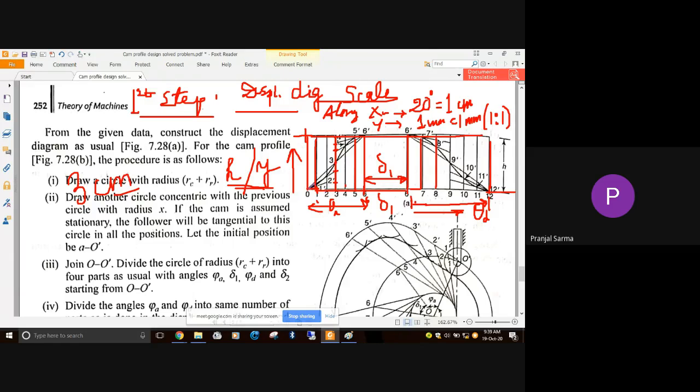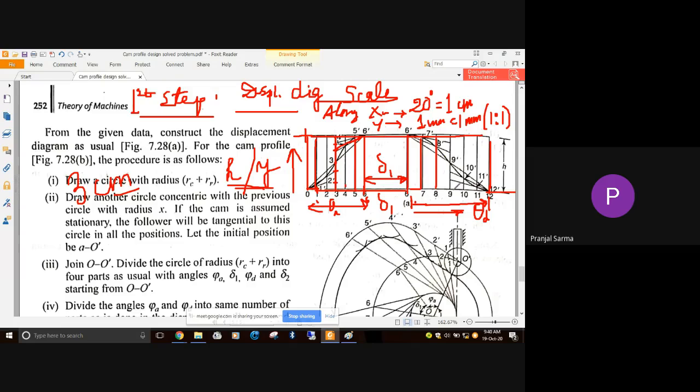After that, for the ascent, uniform acceleration, and next is uniform retardation, you'll join these points from the origin. This one, next this one, next this one. From this side it will just be the diagonal. Next this line, next this line, and so on.